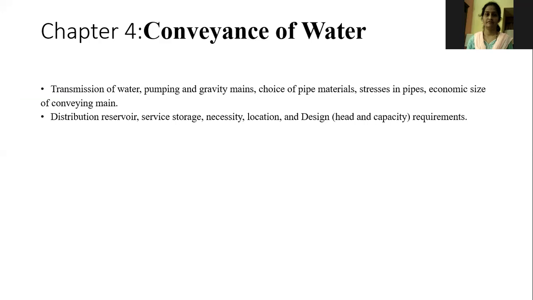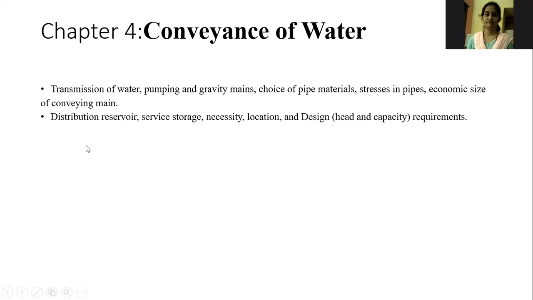Here, in respect of water, when we are transporting it from one place to another, we use the terminology conveyance of water. So it is the transmission of water from one place to another, and we are going to study it. When transmitting water, what kind of accessories are required for smooth functioning?